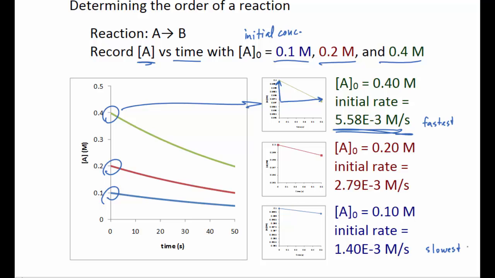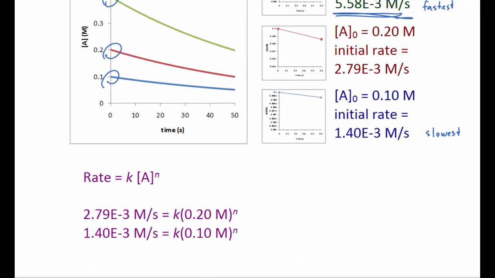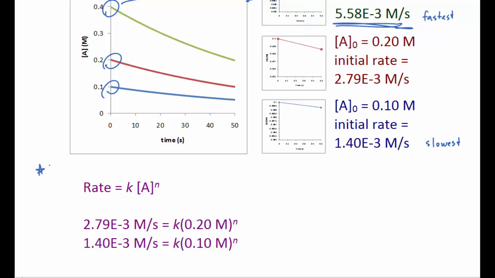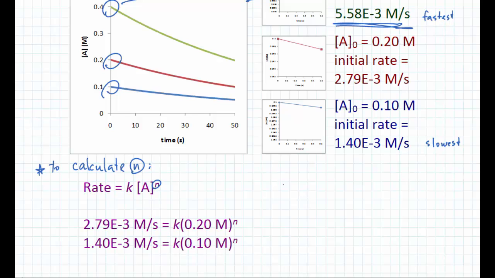All right, so what we want to do, because our job here is to calculate n. That's the general format of our rate law. Rate is a rate constant times a concentration raised to an order or an exponent. All we have to do is set up the rate laws for any 2 trials.